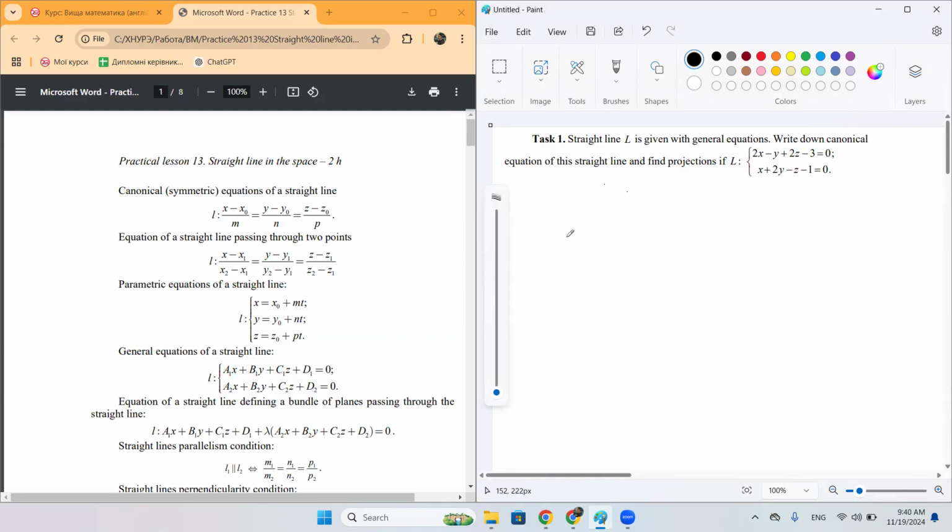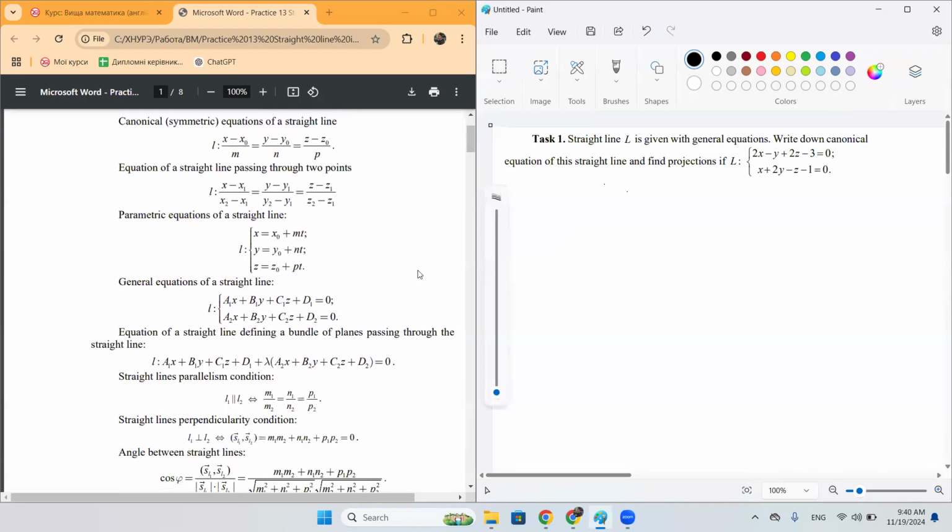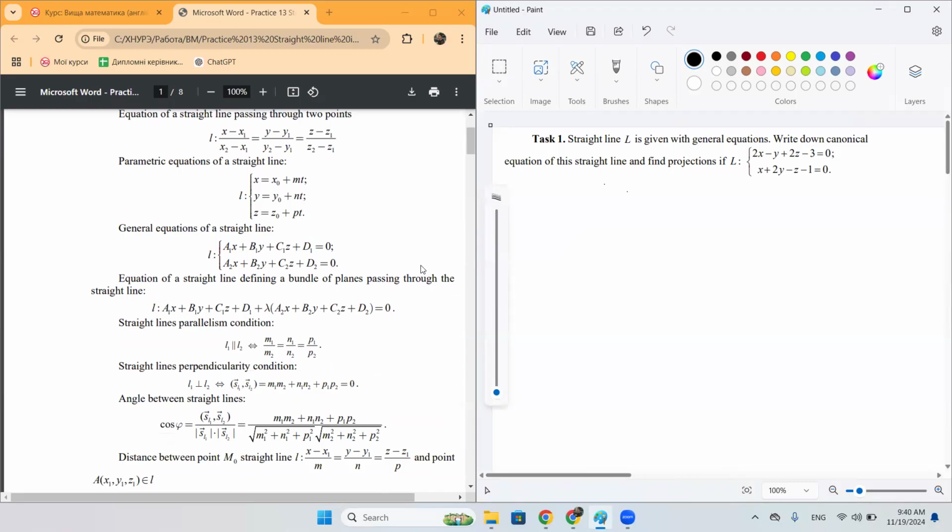So first of all, we need to find one intersection point that belongs to both these planes. How to do it?